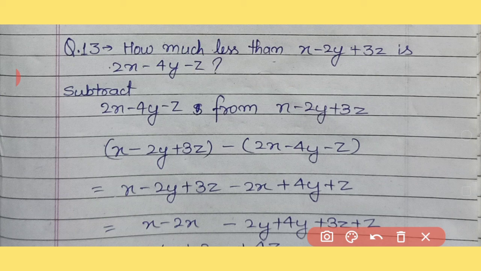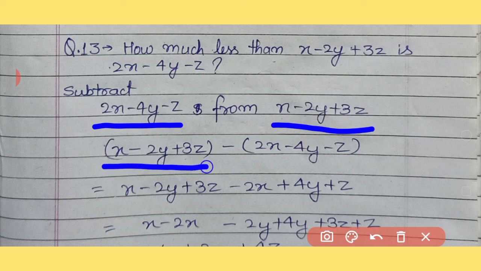So subtract 2x minus 4y minus z from x minus 2y plus 3z. As I have explained, whenever "from" is given during subtraction, in that condition we will change the second term into first term and first term into second term. So x minus 2y plus 3z became first, and minus 2x minus 4y minus z.